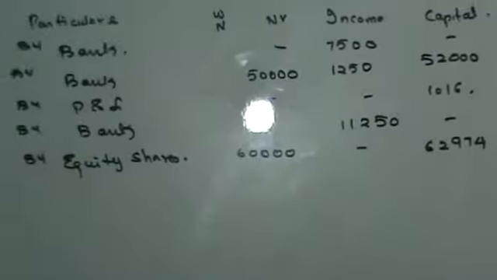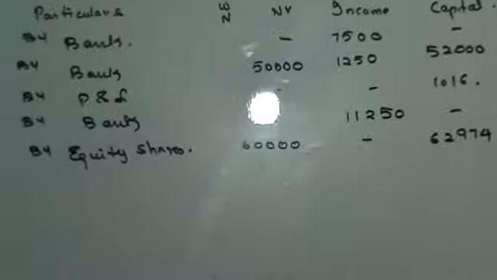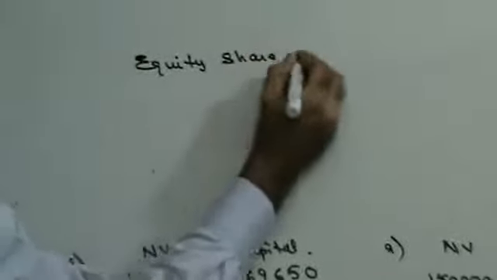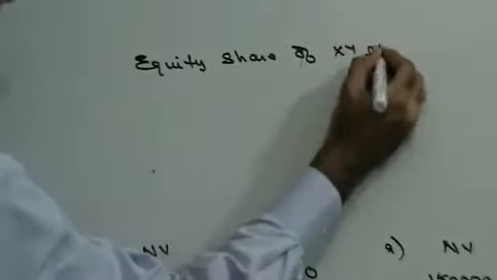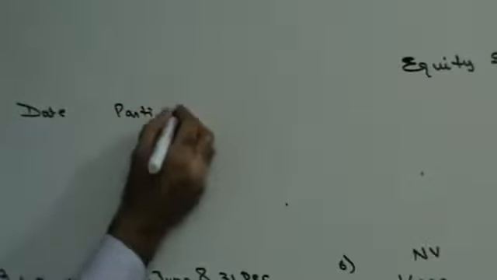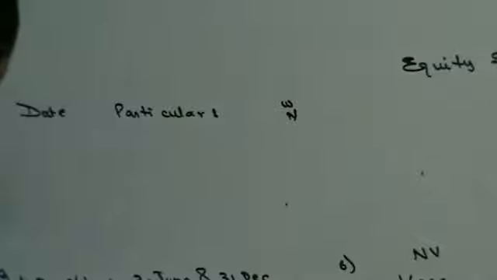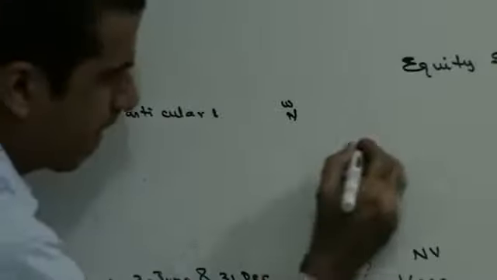Since you are converting them to equity shares, you will have to make an equity shares account. So you will make another ledger, equity shares of XY Limited. That is going to be date, particulars, working note, nominal value, income, capital.